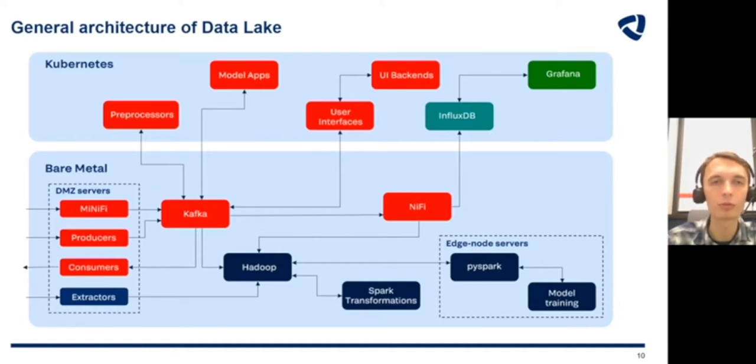All information from Kafka is stored in Hadoop. And with Spark, you can transform data in Hadoop. Our data scientists are working on edge node servers, where they can take data from Hadoop with PySpark and use it for model training.